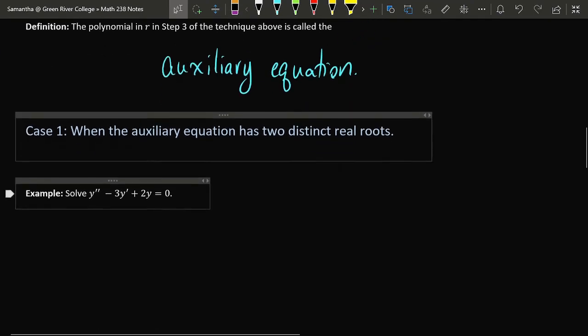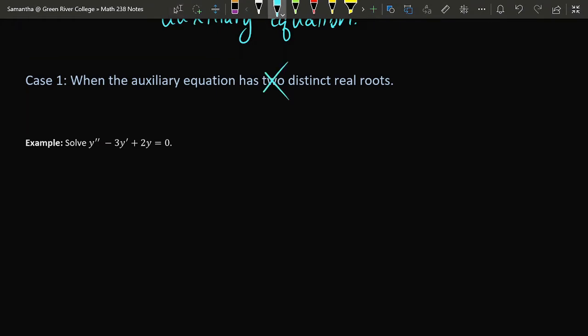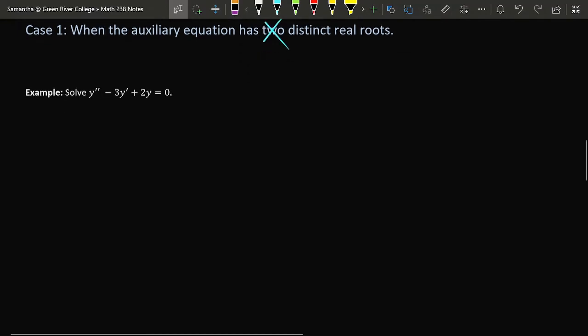In today's video, we're going to focus on the case when the auxiliary equation has distinct real roots. When you solve it, there are completely distinct real values of r, no repeated values of r, and no complex values of r. Let me show you what I mean.